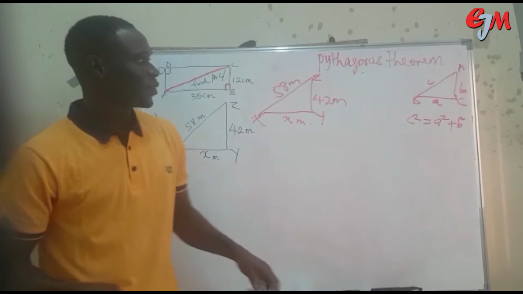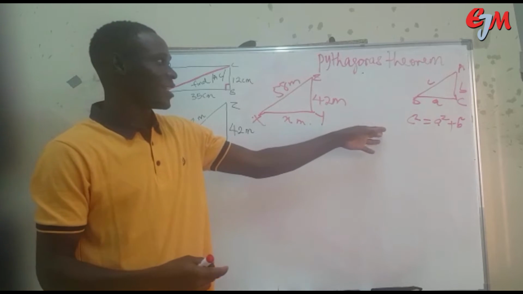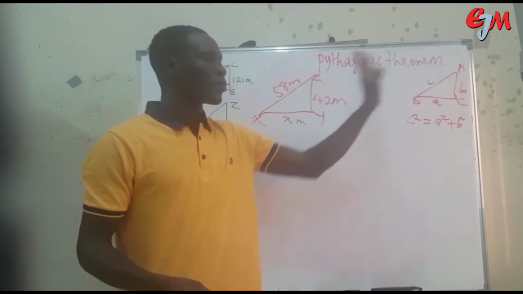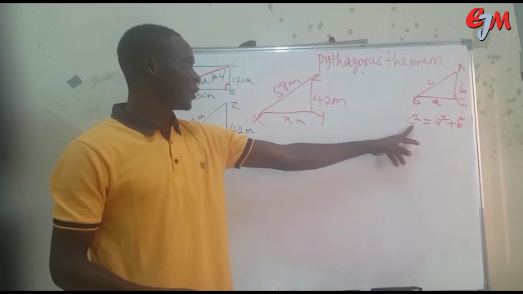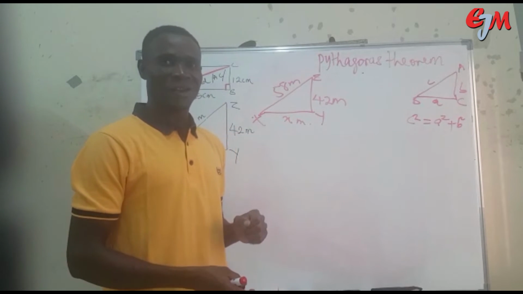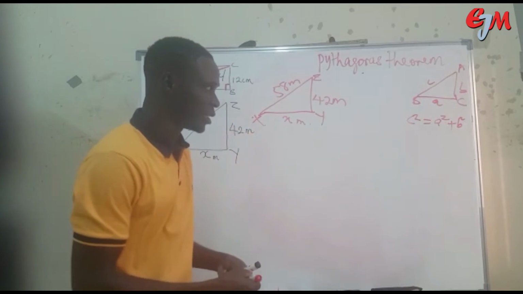That is to say, in this particular triangle now, is another form of it. Remember in the first one, we were not given the hypotenuse. This time around, the c is given, but one of the other sides is not given. Can you now see? That's to say that another way of writing this law is this.